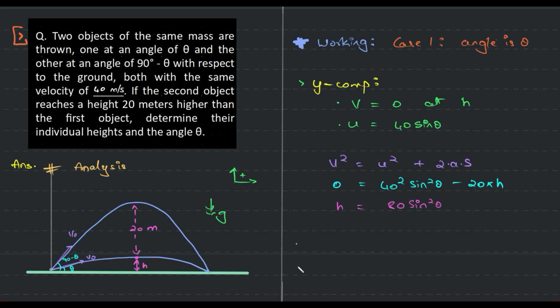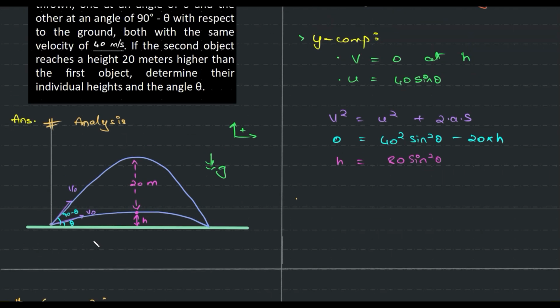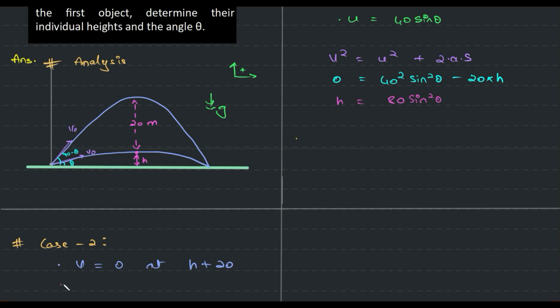Now let's figure out case 2. I'll give some space. I don't know exactly what we'll get out of all of this. I'm just writing the equations. I know that all of this matters, so I'm just writing, nothing else. I don't have a fixed answer. So the initial velocity will be 40 sine of 90 minus theta.